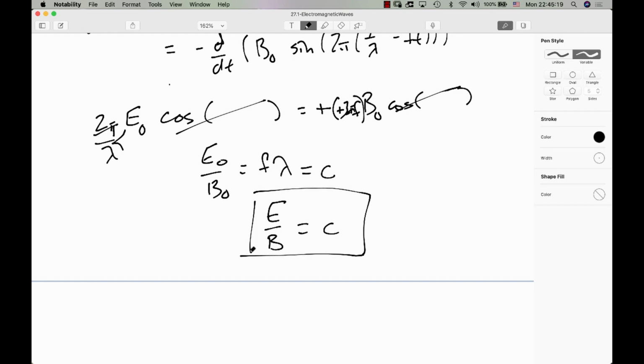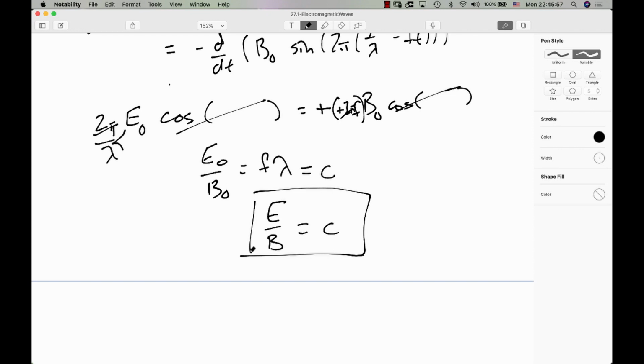Now this leads to a practical consideration. Although it is possible to detect an electromagnetic wave using magnetic detectors, it's a lot harder. This is because the speed of light is 3 times 10 to the 8 meters per second, so the electric field strength is comparatively higher. I know it doesn't make sense to do a direct comparison because the units aren't the same, but it's comparatively higher than the magnetic field strength.